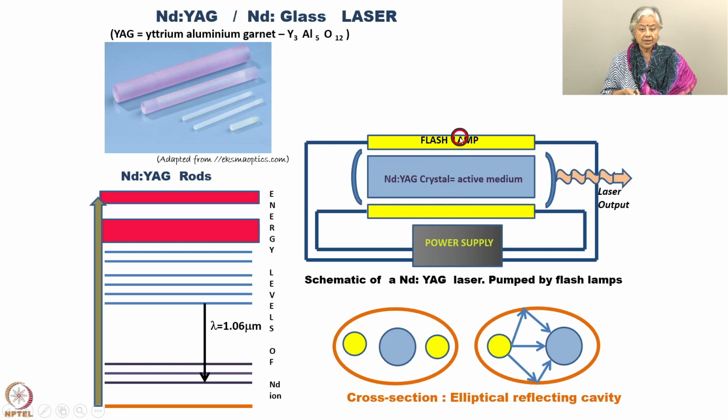Here it is by flash lamps, so light itself is exciting the Nd ions to different laser levels. So, it is not electrical discharge, it is flash lamp. Here is a flash lamp shown, and this is another flash lamp. You give a power supply to these flash lamps, as a schematic, and this shows the laser output.